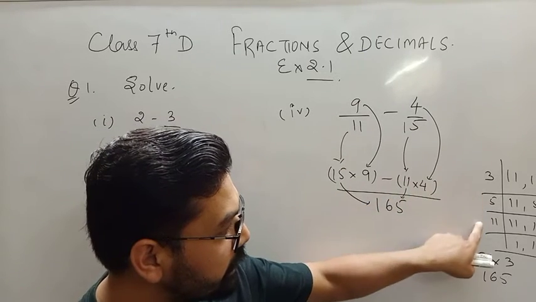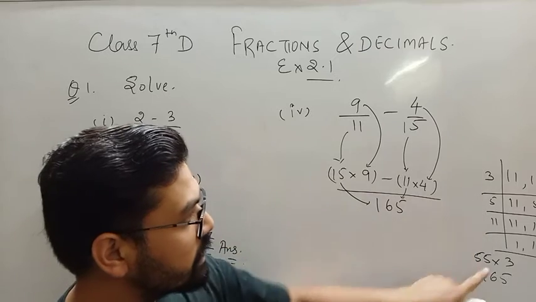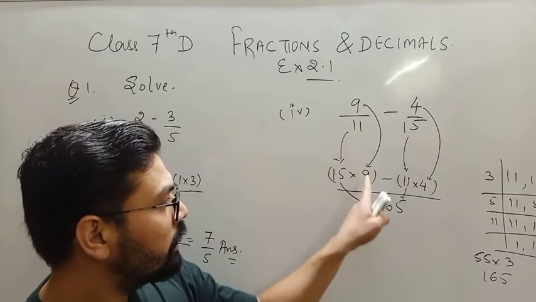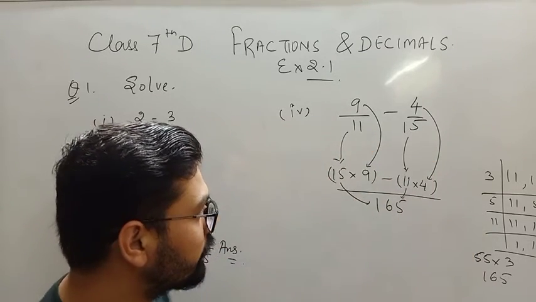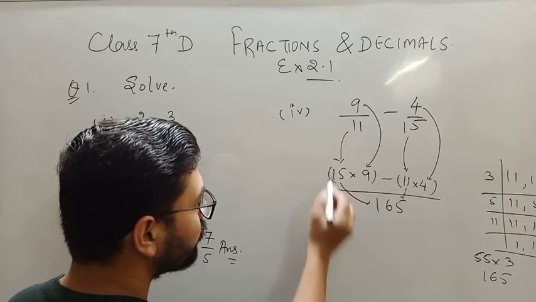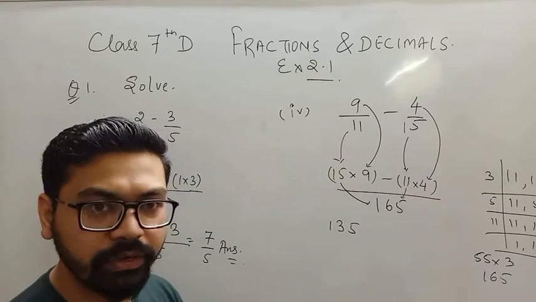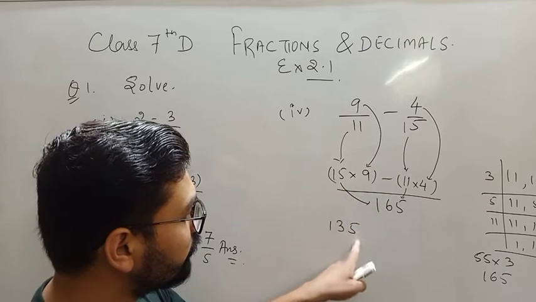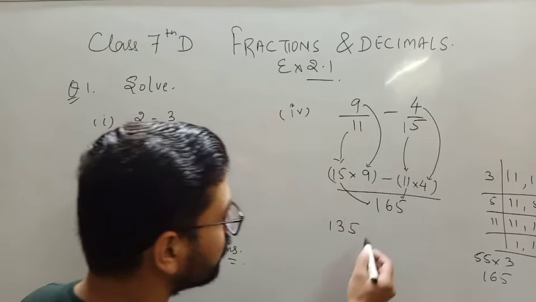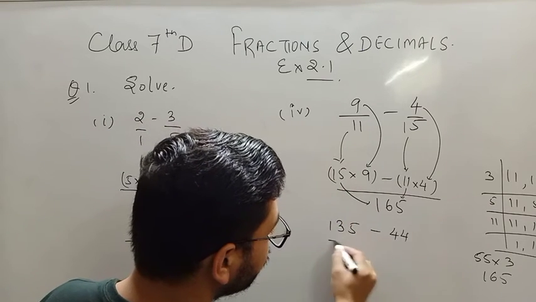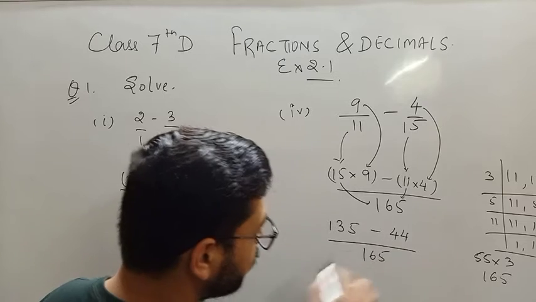Okay. 9 from the numerator, 4 from the numerator. Now 9 5s are 45, so 15 9s are 135. 9 5s are 45, 9 1s are 9, plus 4 is 13. 11 4s are 44, divided by 165.